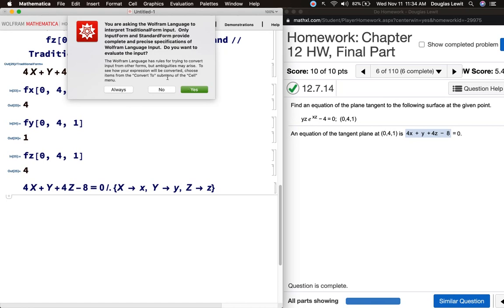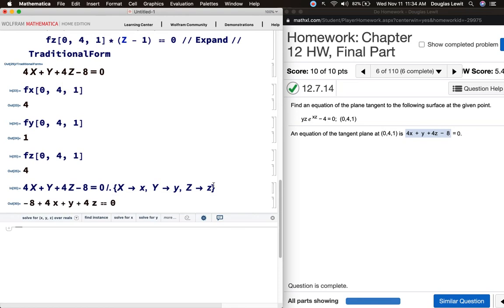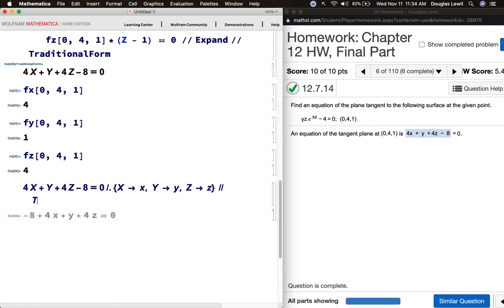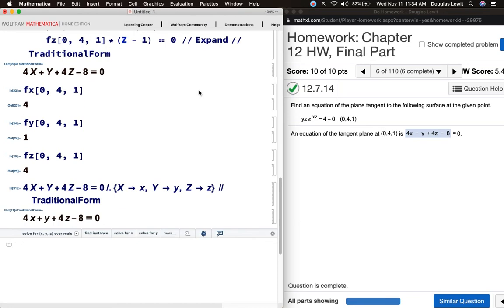Interesting. Okay, so Mathematica is complaining because I'm trying to evaluate traditional form input. Let's give it a shot. I see. Okay. So all I did, guys, is I replaced my capital letters with lowercase letters.